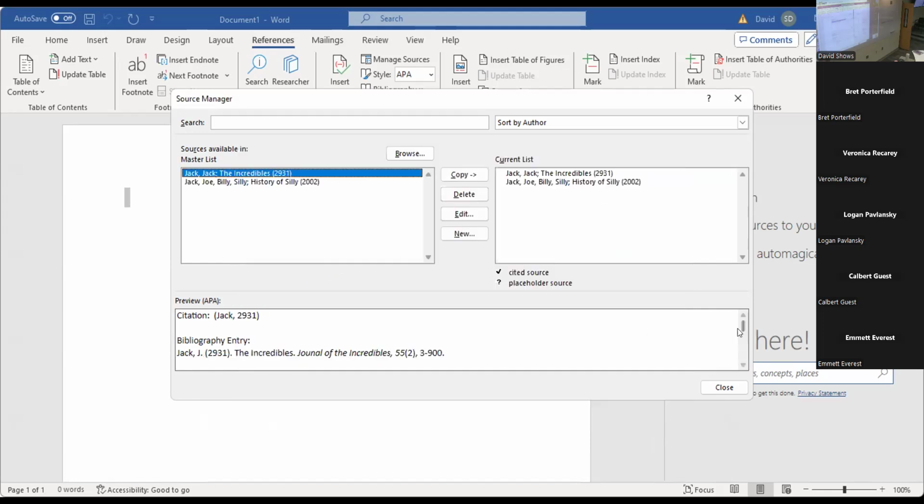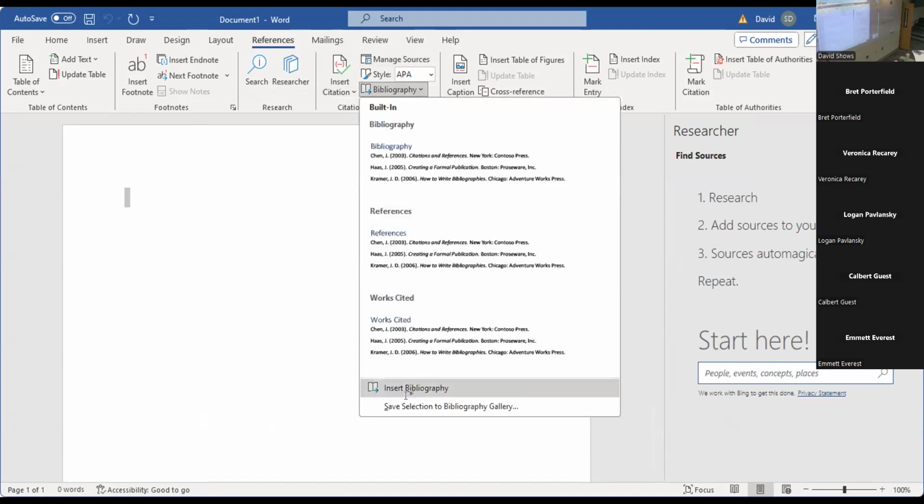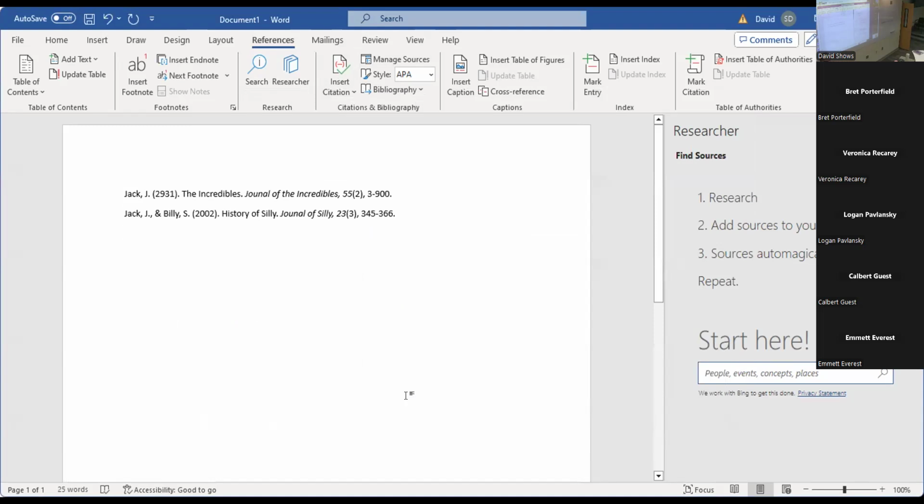So now I have that one. Now watch, this is what I do. Once you enter all the bibliography in there, you click on Bibliography. You do Insert Bibliography, and there it is. That's it. Now it's stored in the document itself so that you never have to enter that again. How much better than Citation Machine? Oh my God, yeah. Now, let me show you something else, okay?